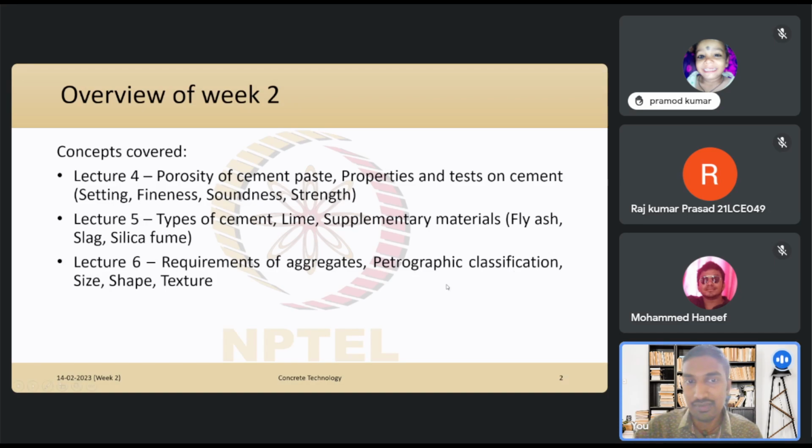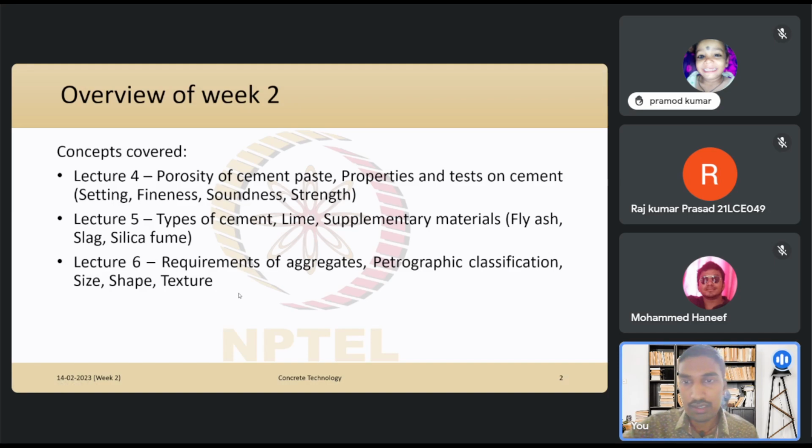We also looked at aggregate size, shape, and texture, and how we classify aggregates based on these properties. So that was what was covered in week 2.